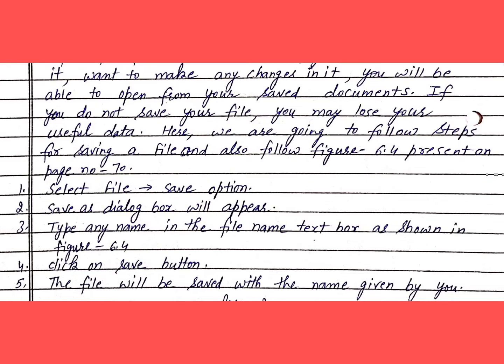Save as dialog box will appear. Step 3. Type any name in the file name text box as shown in figure 6.4. Step 4. Click on Save button. Step 5. The file will be saved with the name given by you.